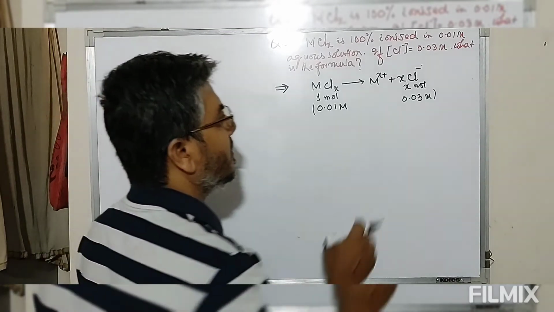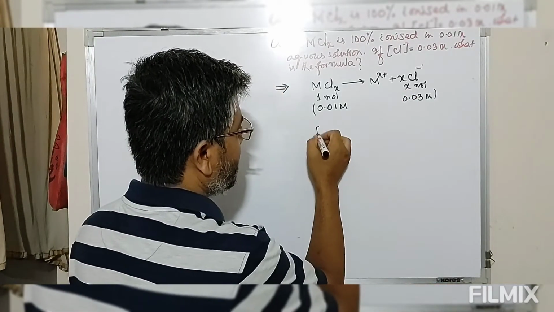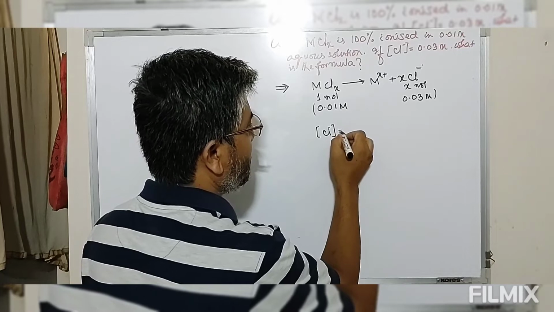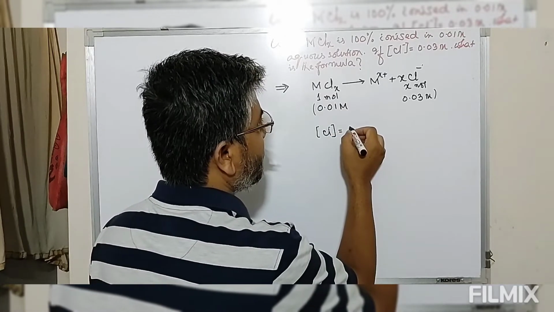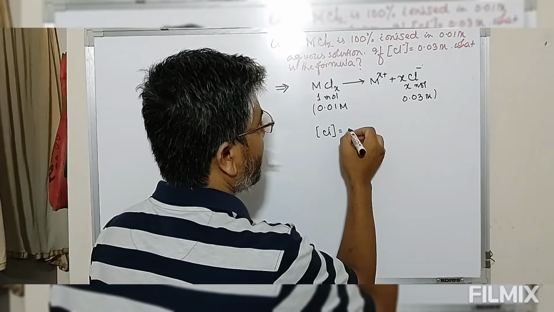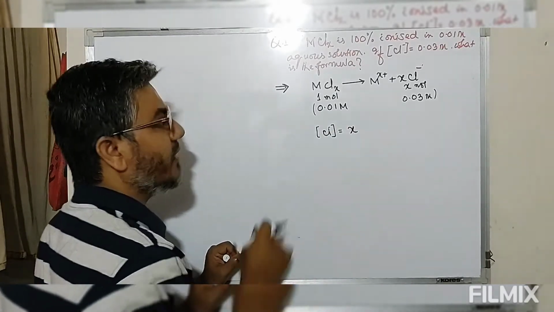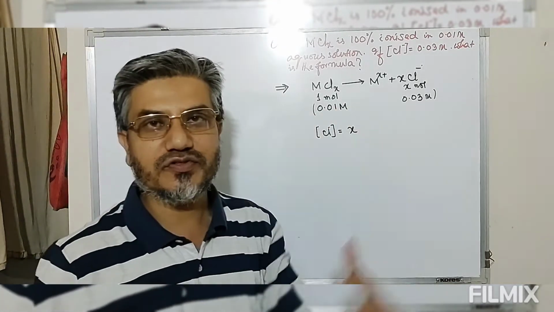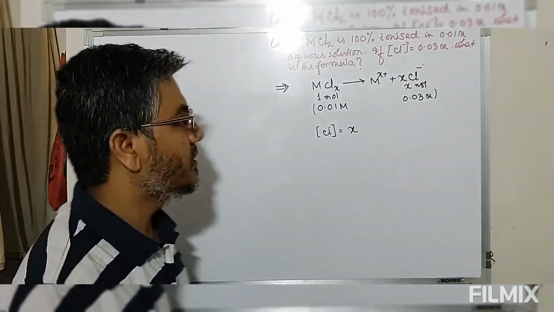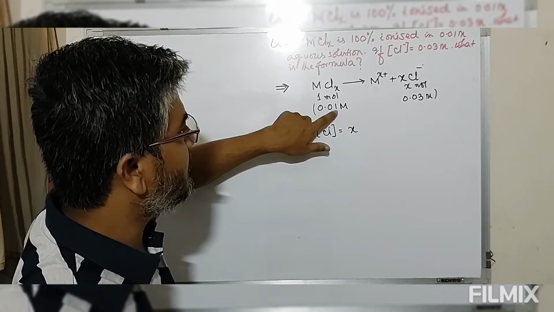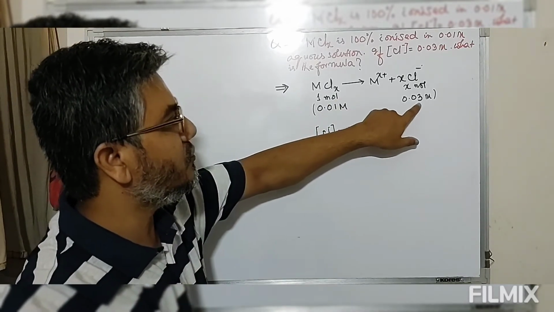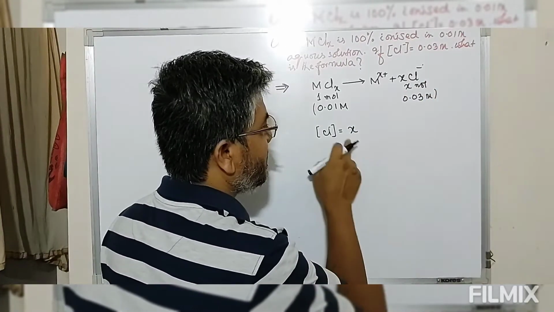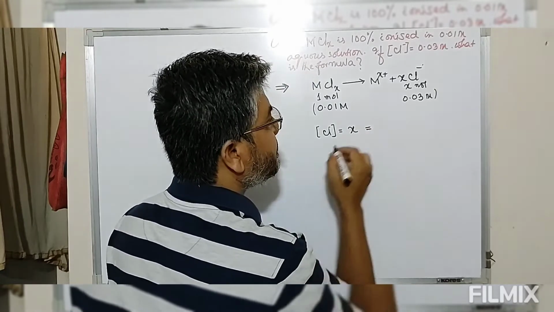So the concentration of Cl minus, that is number of moles divided by volume, is X if I assume the volume of the solution to be 1 liter, because this is molarity. Molarity is defined as number of moles divided by volume in terms of 1 liter. So if we start with 0.01 mole in 1 liter, this gives you 0.03 mole in 1 liter. Therefore the concentration of Cl minus, which equals X, is equal to 0.03.